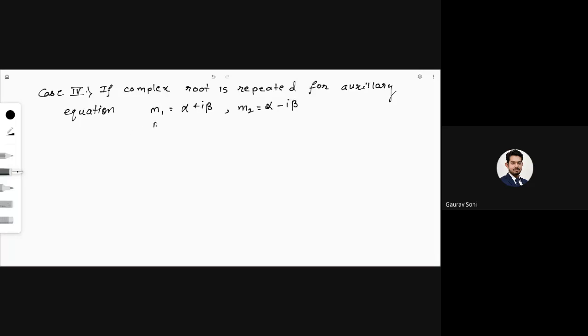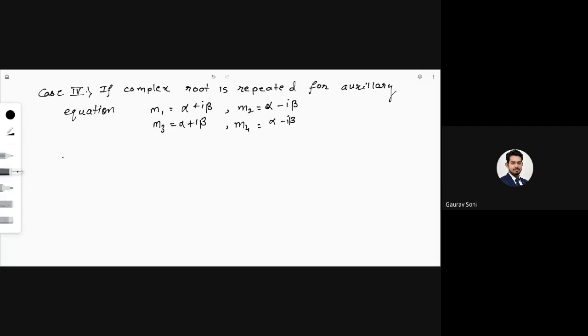Third root m3 is again alpha plus i beta, and m4 is alpha minus i beta. So for complex roots to be repeated, the minimum degree has to be 4. Okay. So now alpha plus i beta is repeated, as I can see.